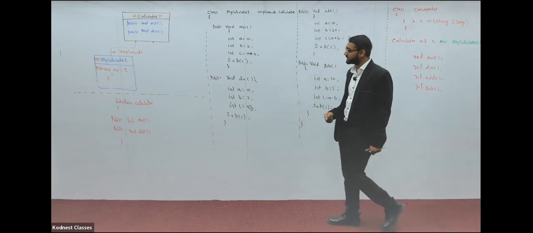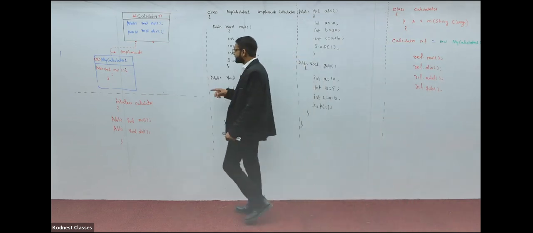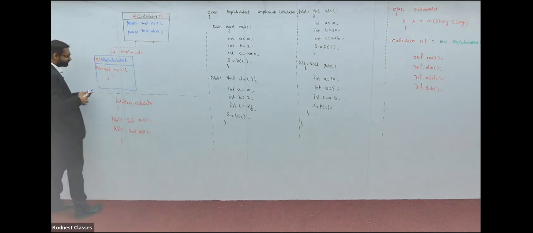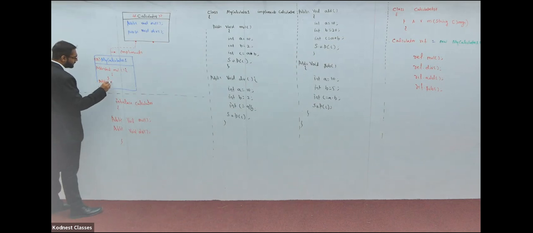But my question is, can we have specialized methods in my calculator 1? Public void div is okay, I have it.